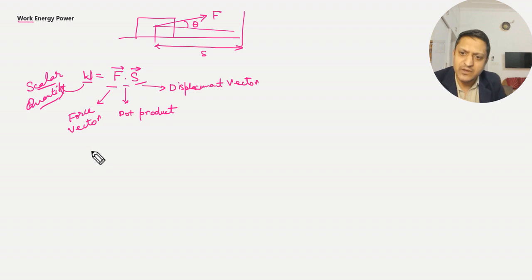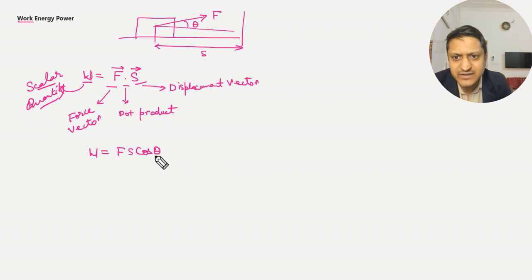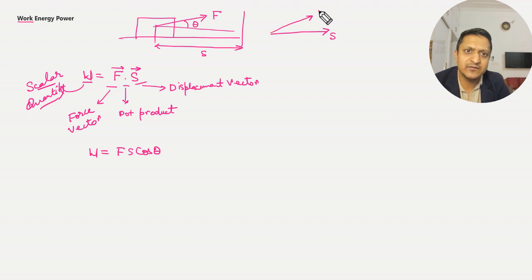So it becomes Fs cos theta. Theta is the angle between both of the vectors, because S is the direction in which the body is moving and this is the force, so this is the theta.